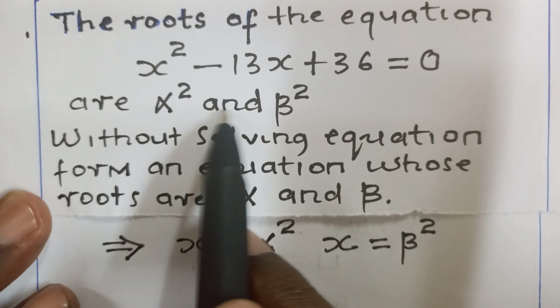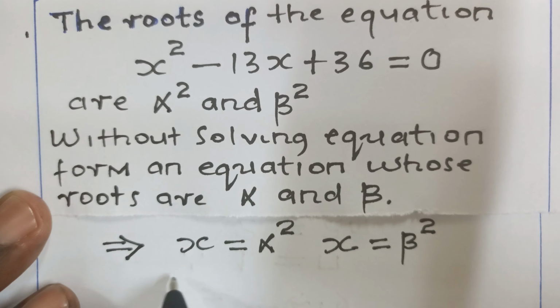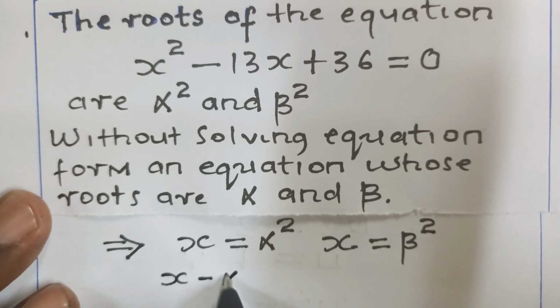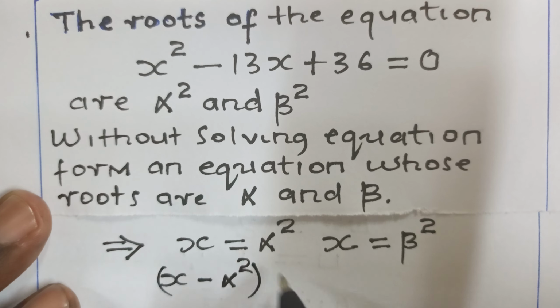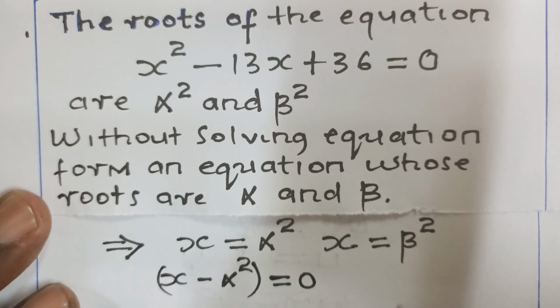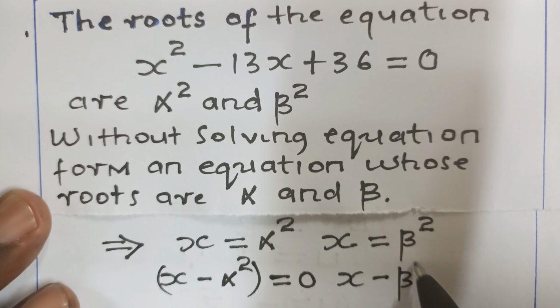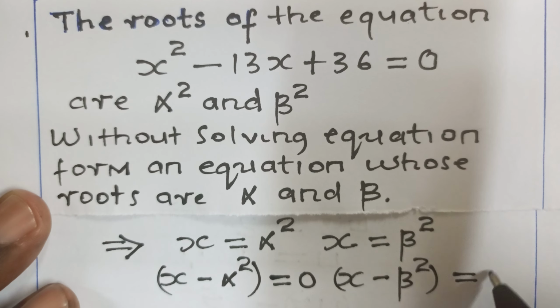Therefore this is now going to be x minus alpha squared equals 0, or x minus beta squared equals 0.